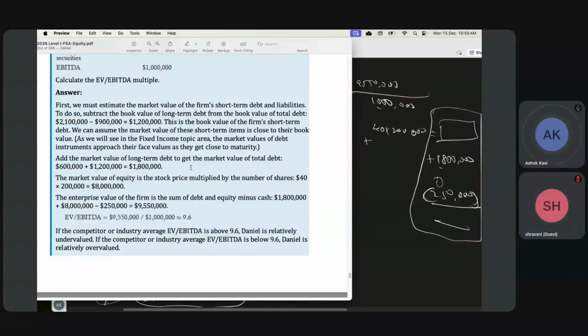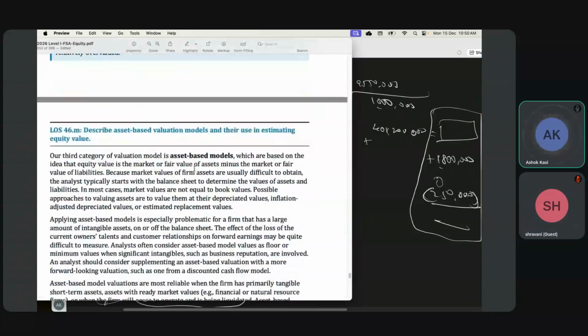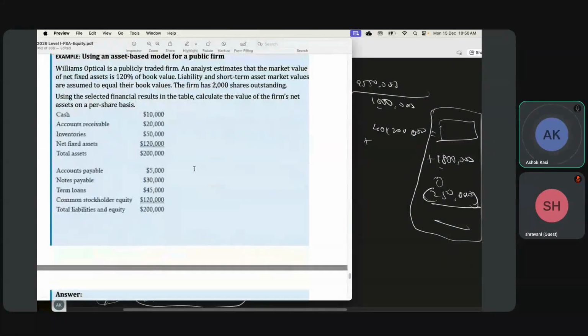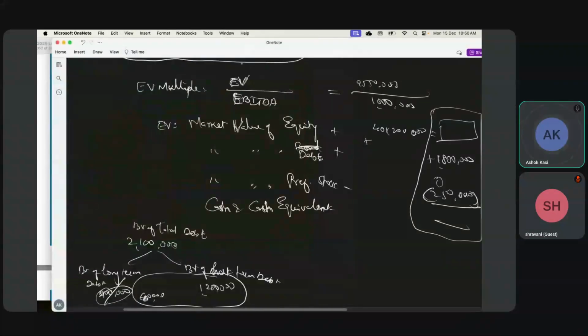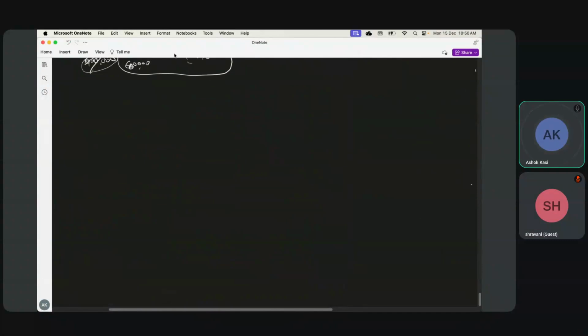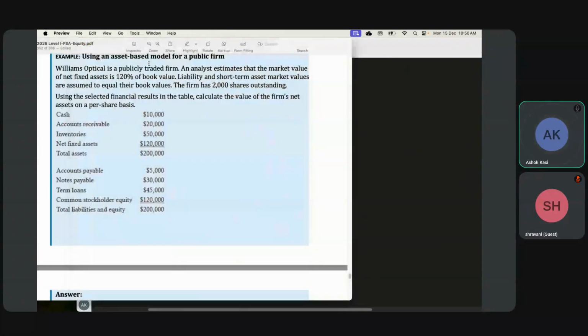Okay. Then the asset-based model. For asset-based we just take the net asset value, taking the market value of the assets and liabilities. So just go through this one now, the last sum.